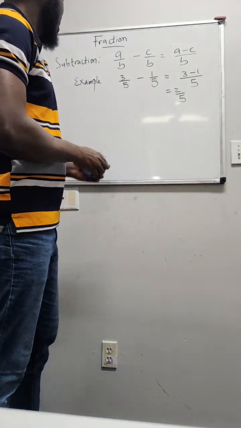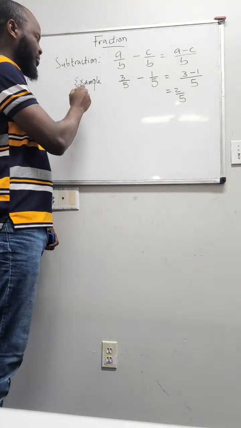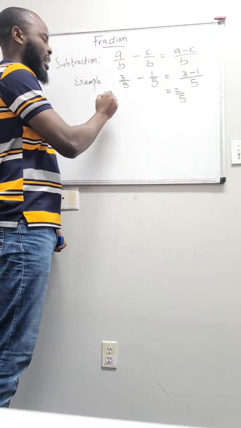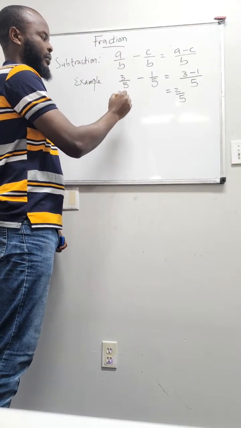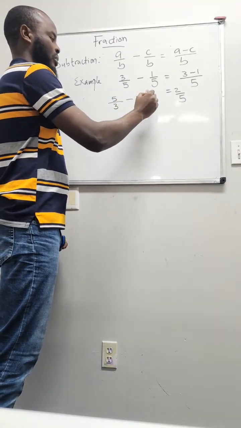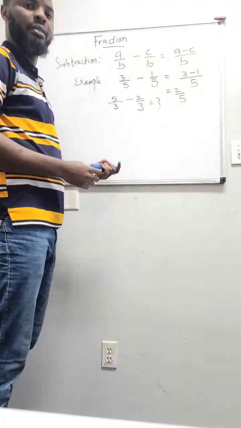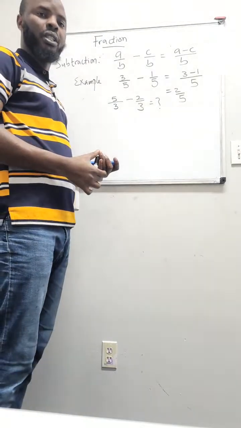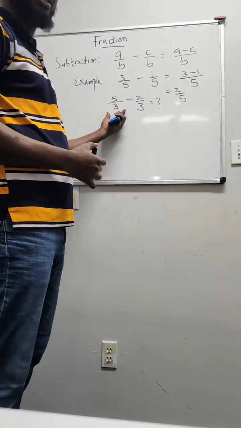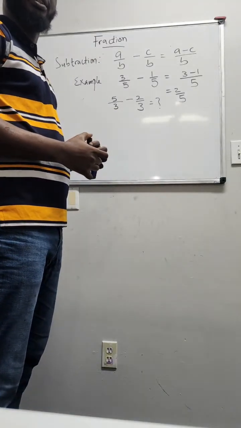And let's just give an example and we can move to the mixed fraction. Example 2. Here we have 5 over 3 minus 2 over 3. What is the answer to this? You can put the answer in the comment section so that you can have a look at the answer. 5 over 3 minus 2 over 3.